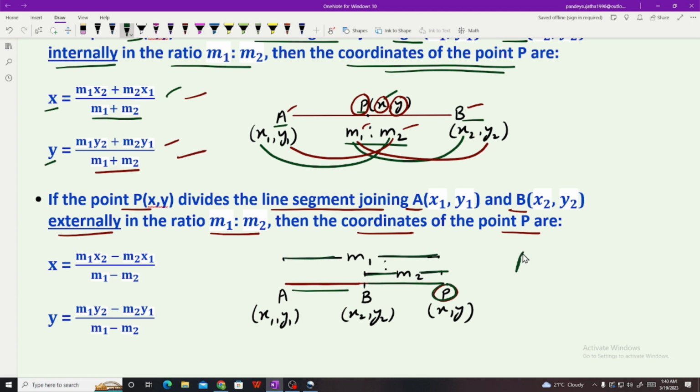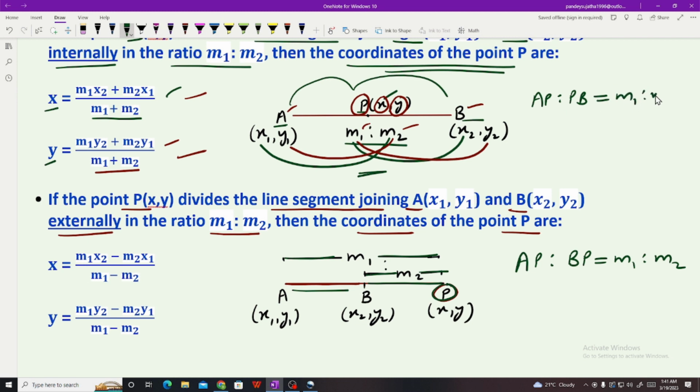That is, AP is to BP is equal to m1 is to m2. Here the ratio given was AP is to PB, that is, AP is to PB is given here as m1 is to m2.